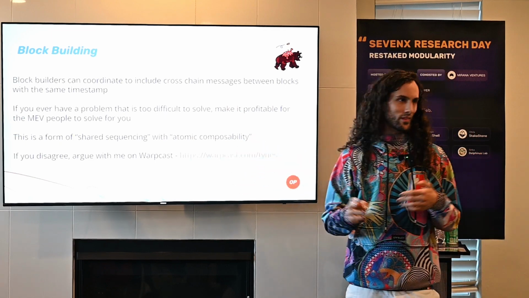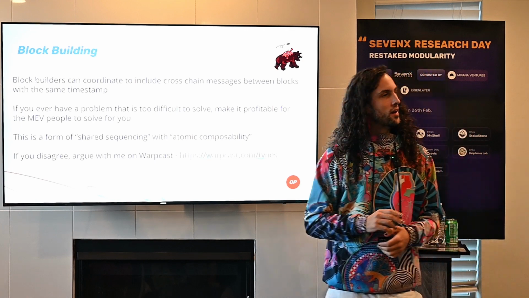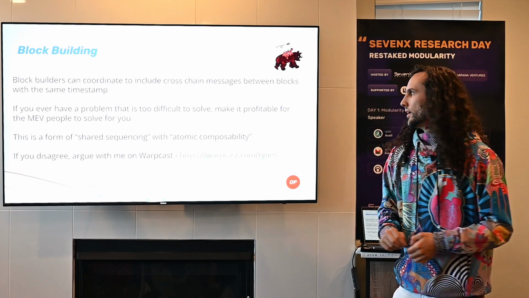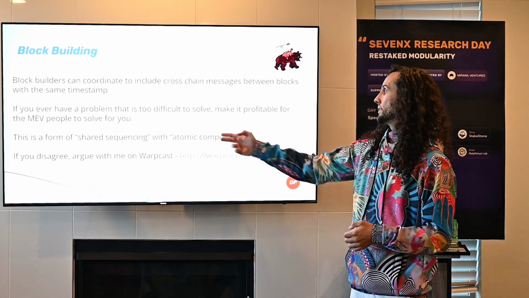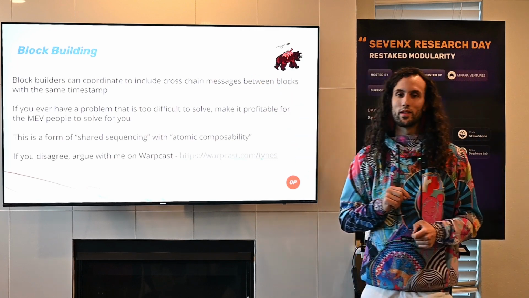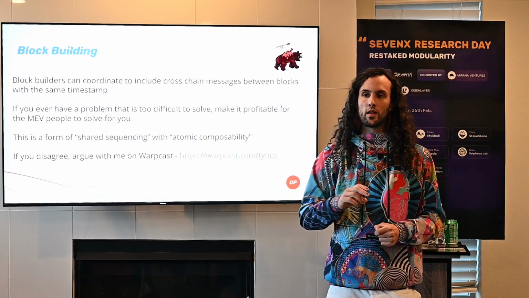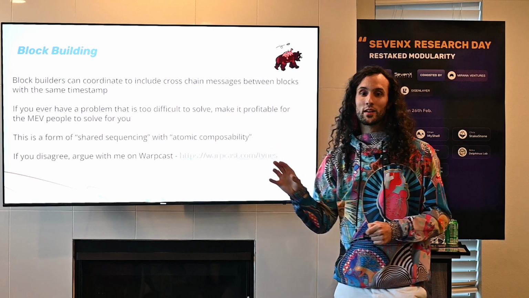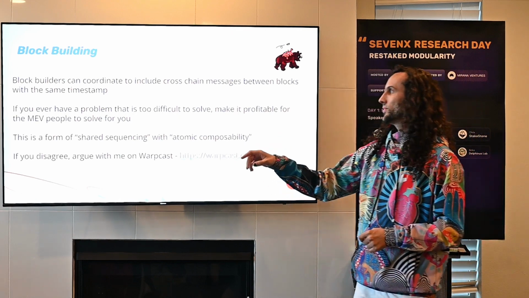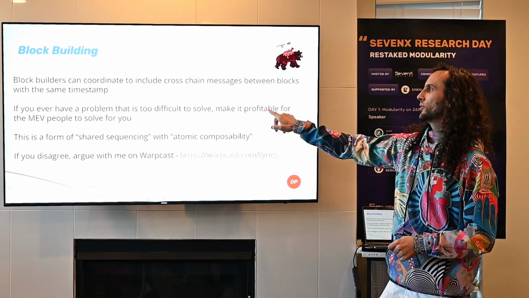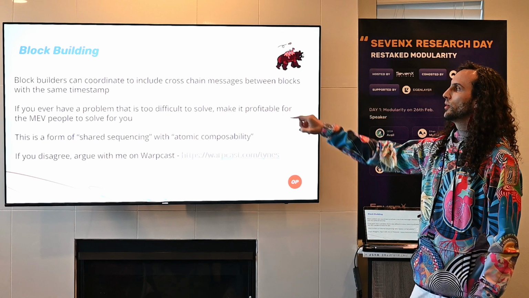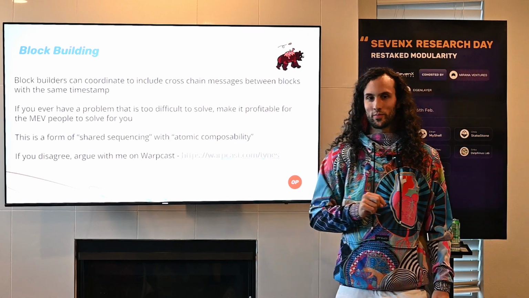And people like to argue about what atomic composability is, right? I think that you get atomic composability under the assumption of block builders that coordinate, right? And the idea is that block building is a competitive marketplace. What's really nice about this scheme, right? So this is one of my favorite quotes right here. If you ever have a problem that's too difficult to solve, make it profitable for the MEV people to solve for you, right?